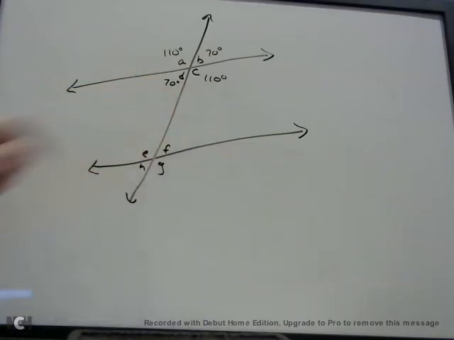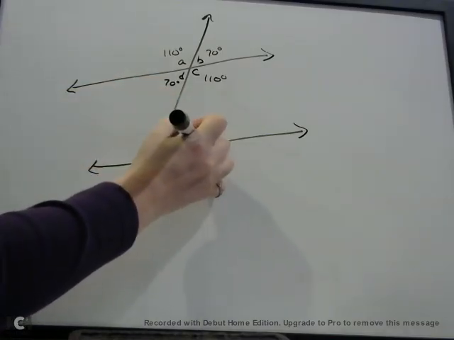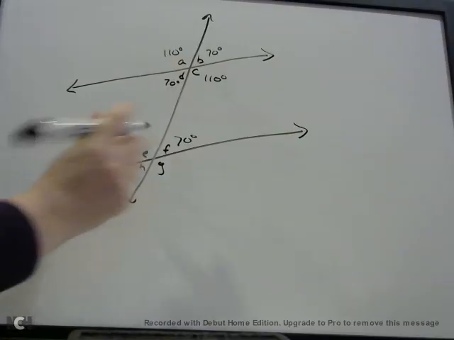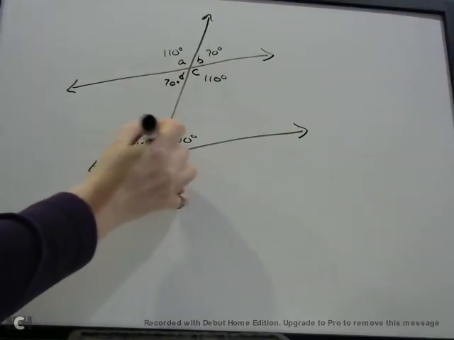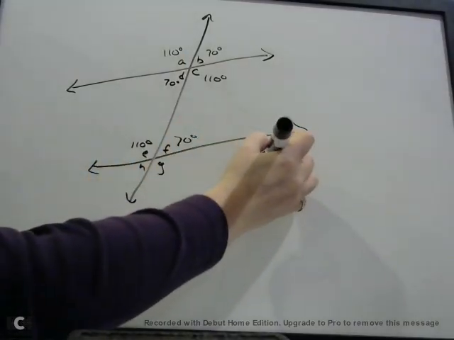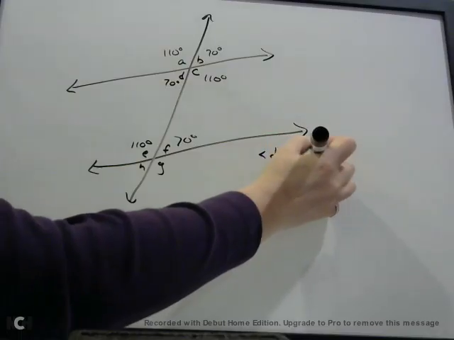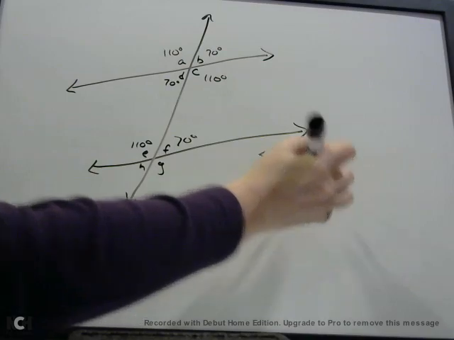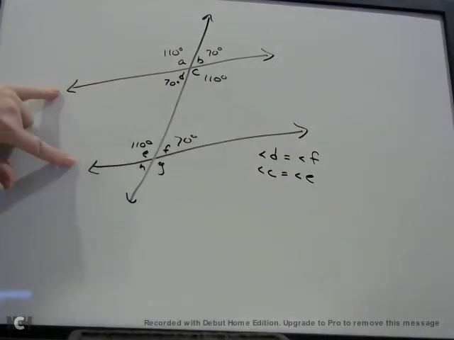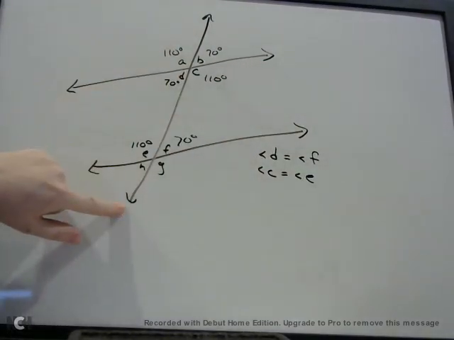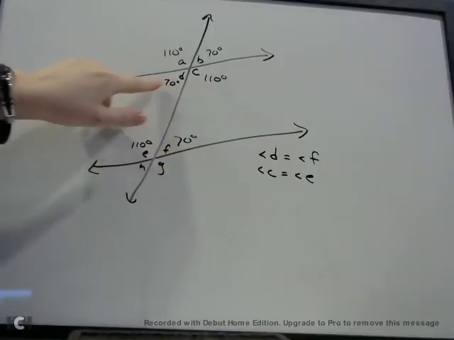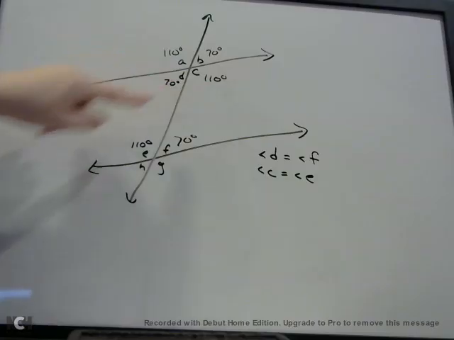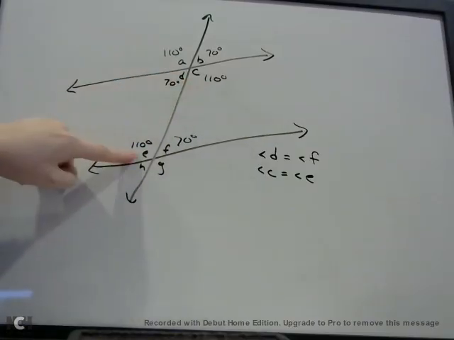So D is equal to F, C is equal to E. When you have two parallel lines that are intersected by a line, the two opposite angles, D and F, C and E, are equal. So D equals F, C equals E.